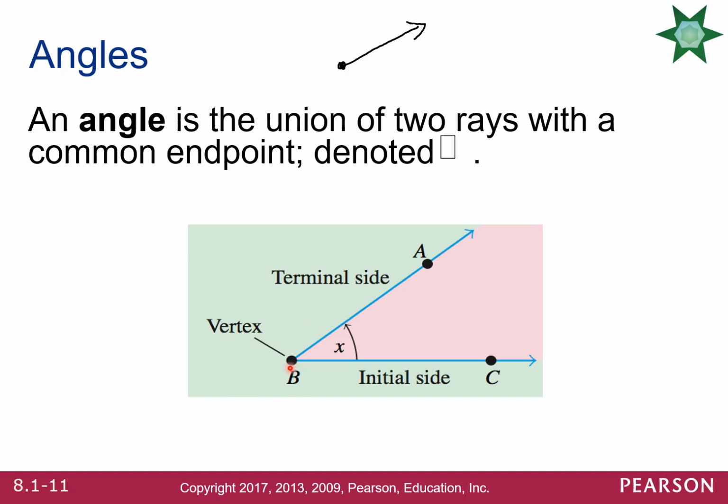So B is considered the vertex. This ray BC is considered to be the initial side, and then BA is considered to be the terminal side. So we should be familiar with these terminologies, all right?